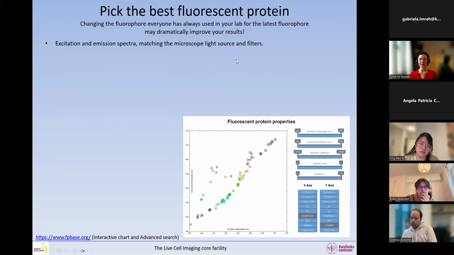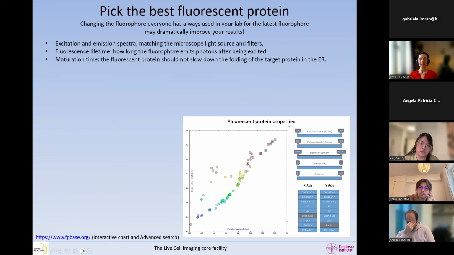By doing this, you can select in here. You can also find the fluorescence lifetime, so if you are imaging with FLIM, how long the fluorophore emits after being excited. There's also maturation. The maturation time is how long it takes for the fluorescent protein to fold and be ready.